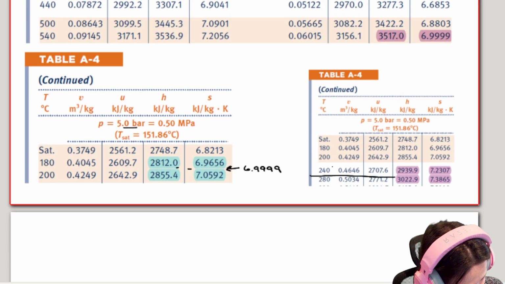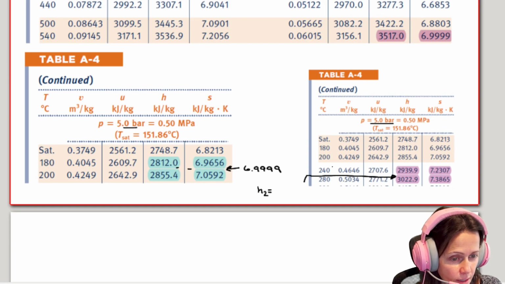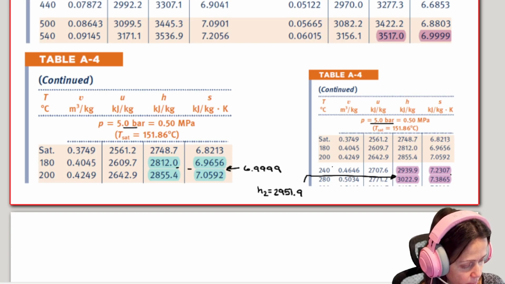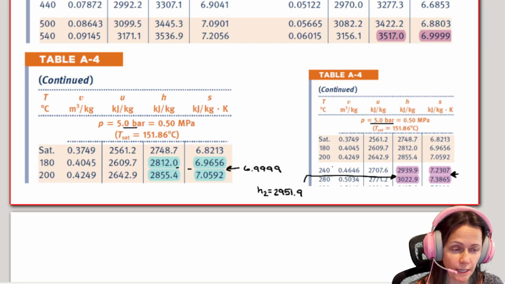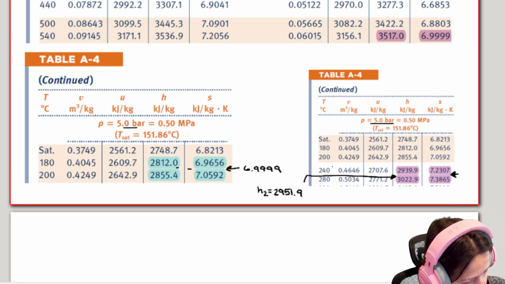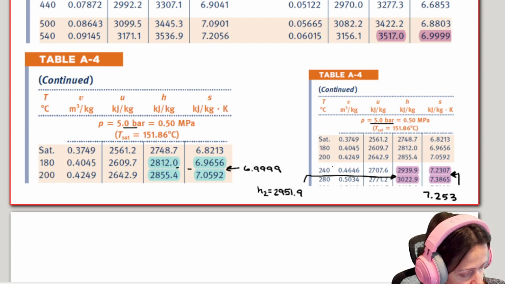All right, so if you recall, we're looking at 5 bar and an enthalpy of 2951.9 kilojoules per kilogram. And we need to get the corresponding S value. So the corresponding S value here is 7.25 and change, 7.2532.